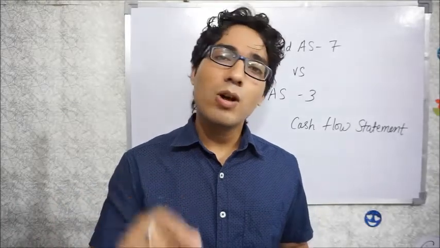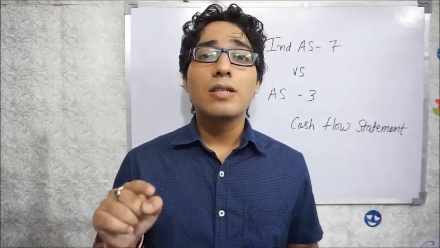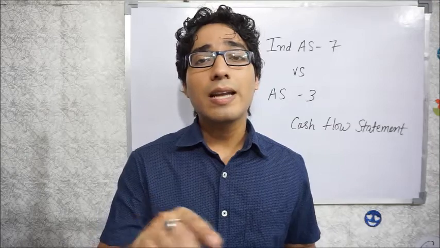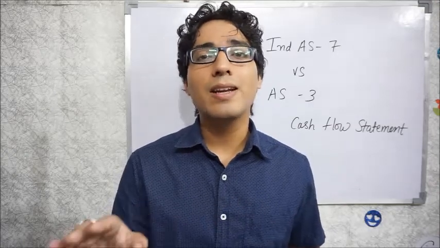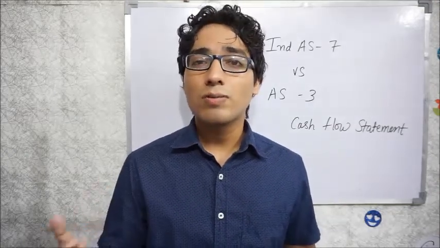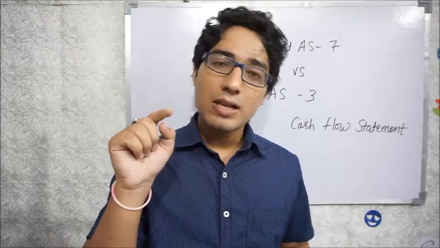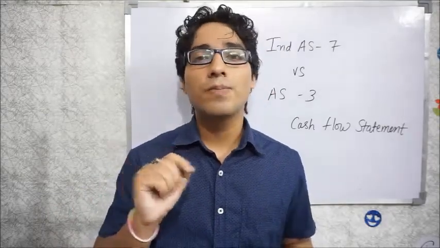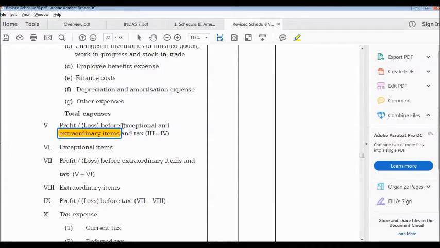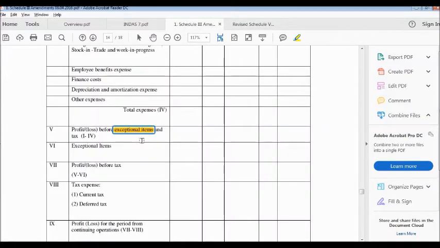When you check the revised Schedule 3, you will see that there is no extraordinary item in the profit and loss account. If you want to check it, you can see it on the screen. This is the old Schedule 3, where it clearly says exceptional item and extraordinary activity. But on the screen now is the revised Schedule 3, where it says only exceptional item.